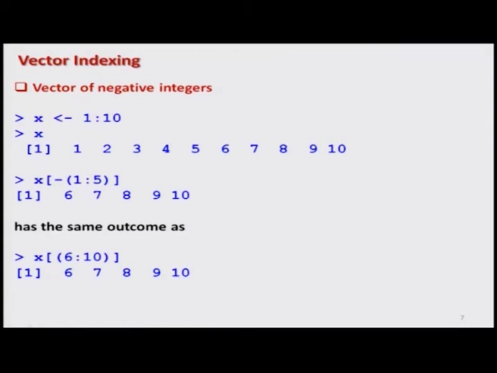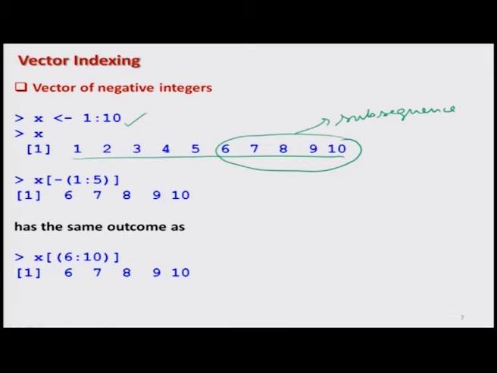So, let me take an example to understand how this can be done just by manipulating the index of a vector. Suppose I take the same example, where I generate data from 1 to 10. So, these are my values, and suppose I want to generate a sequence from, say, 6 to 10. That means this is a sort of subsequence.